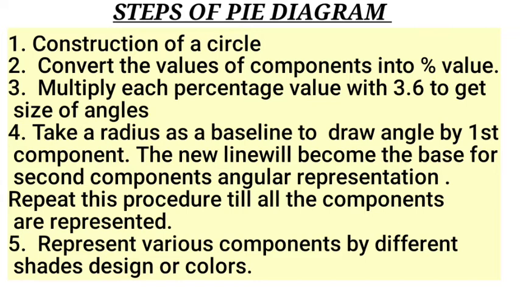This will be your procedure. Represent the various components by different shades, designs or colors for proper identification. So that's the whole setup for making the two-dimensional diagram, which is the pie diagram.